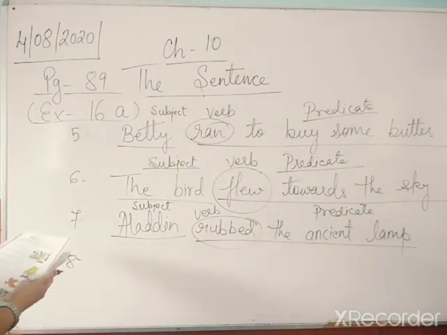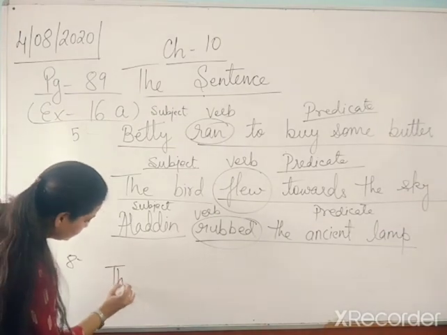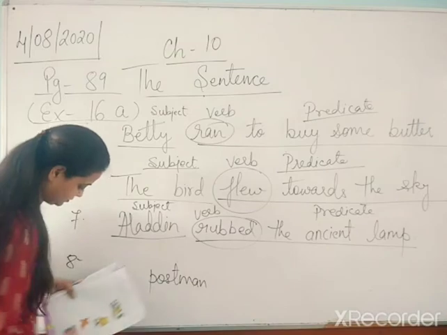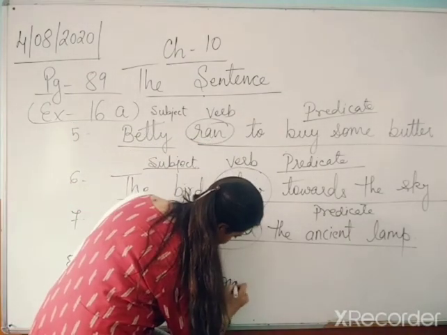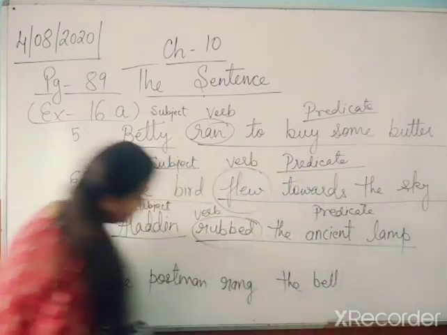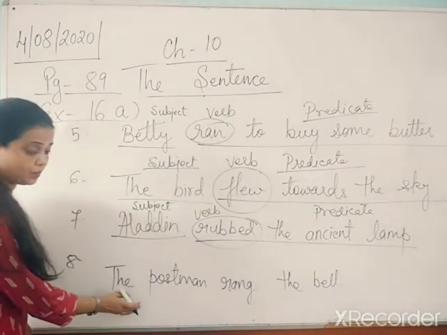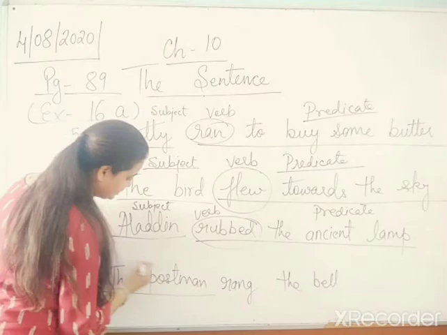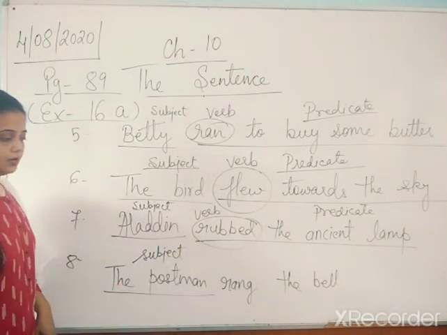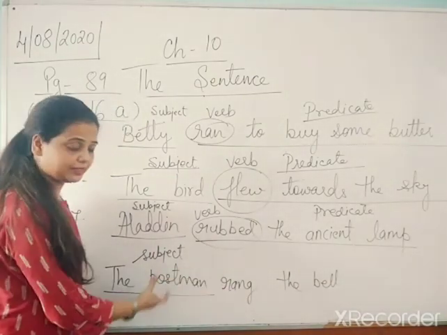Next, eighth one. The postman rang the bell. Who rang the bell? The postman. The postman is your subject. Who is doing the action? And what is said for the postman?